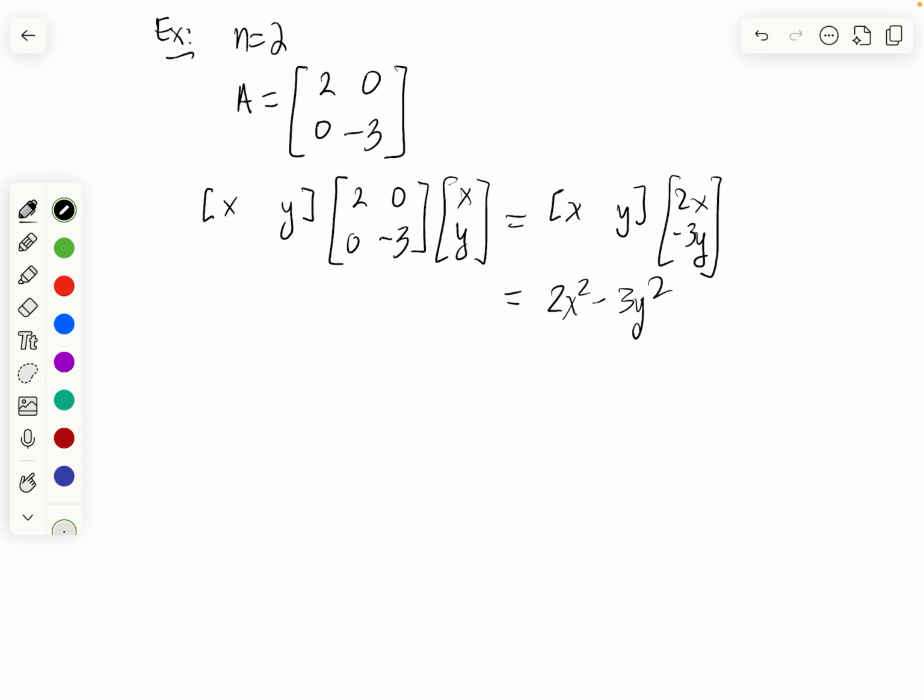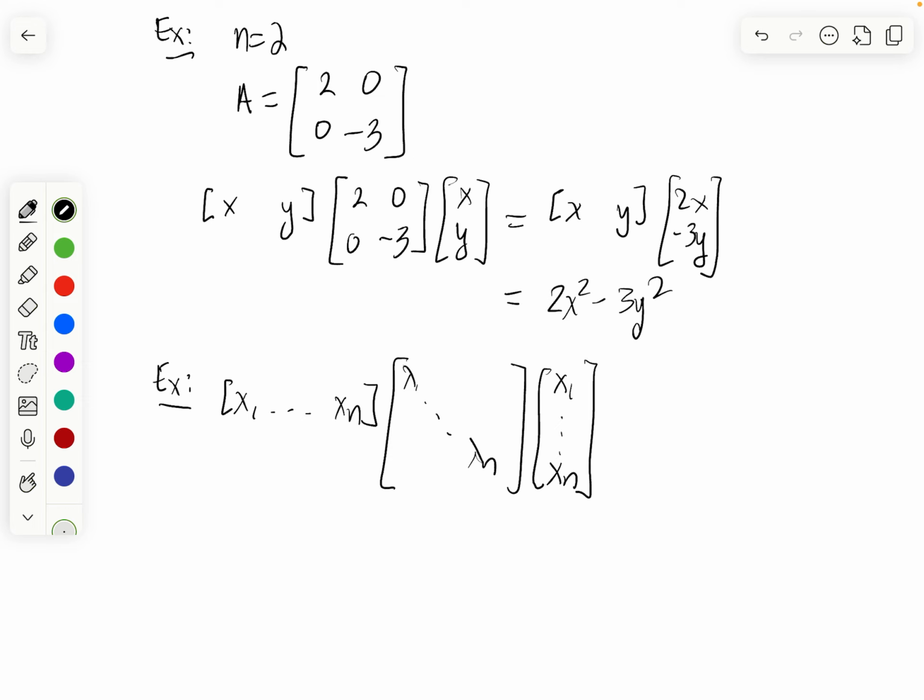And you can see in general, when you have a diagonal matrix, x1 to xn times this diagonal matrix, lambda 1 to lambda n, times x1 to xn, when you multiply it out, you're going to get lambda 1 x1 squared plus dot dot dot plus lambda n xn squared.